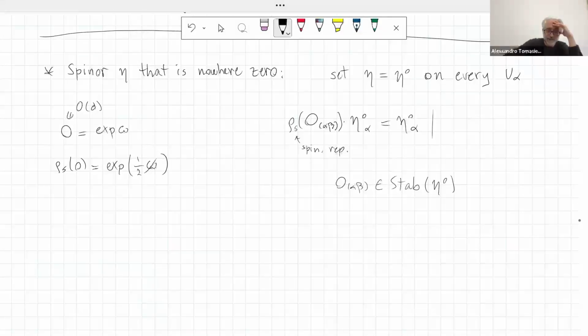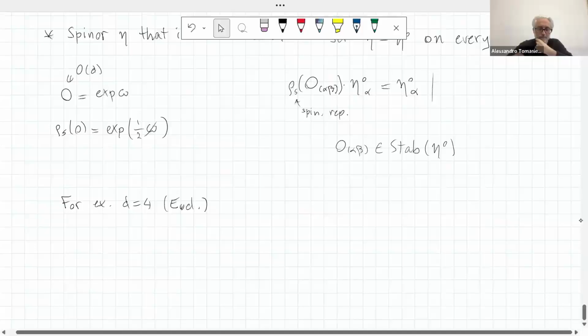But let's take, for example, d equal 4. And let's take again Euclidean. So the metric doesn't have time. So it is, in other words, a Riemannian metric.